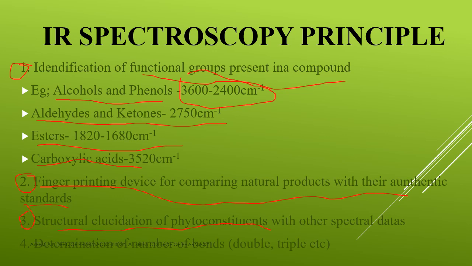Yet another application is the determination of the number of bonds, that is whether it is a double bond, triple bond, etc. So these are the various applications of IR spectroscopy: identification of functional groups present in a compound, fingerprinting device, structural elucidation, as well as determination of the number of bonds. So that is about IR spectroscopy.